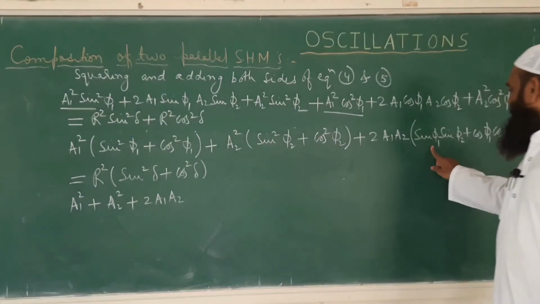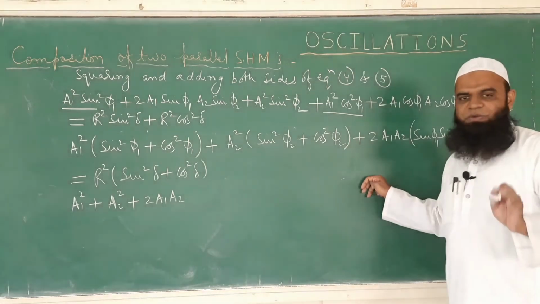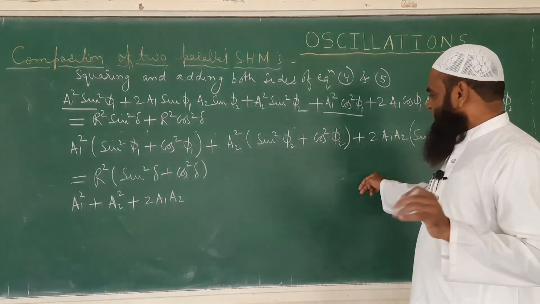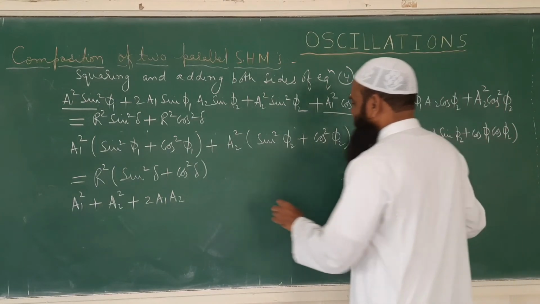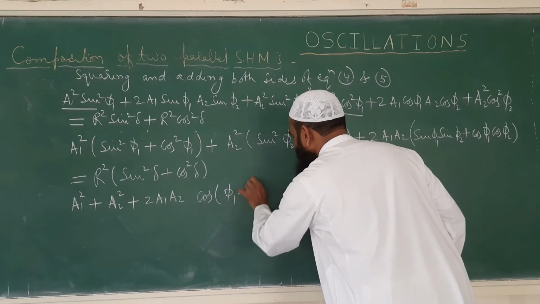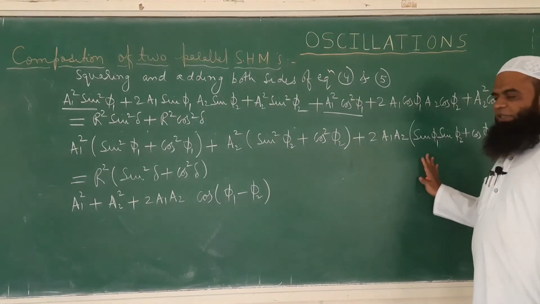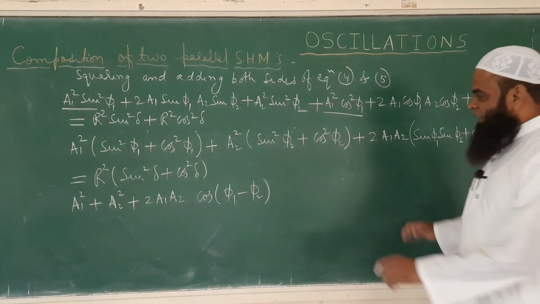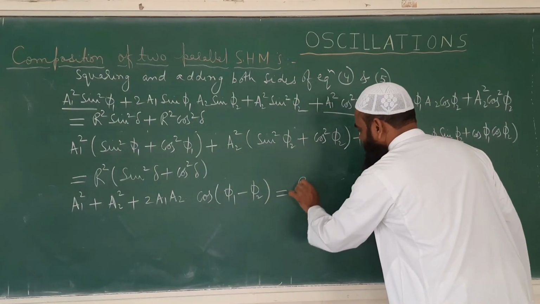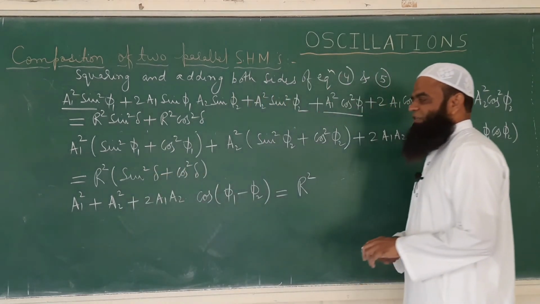Now sin phi 1 sin phi 2 plus cos phi 1 cos phi 2. For reducing this, we can use another trigonometric relation. For this bracket, we can write cos of (phi 1 minus phi 2), since cos(A minus B) is cos A cos B plus sin A sin B. Similarly, here again this bracket will become 1, sin square delta plus cos square delta.